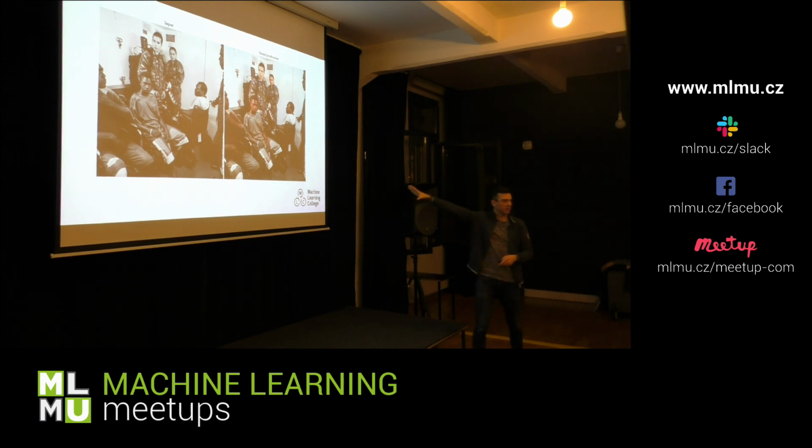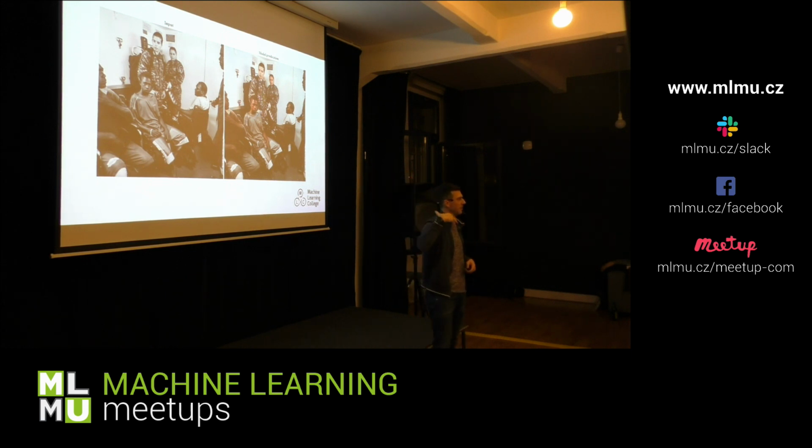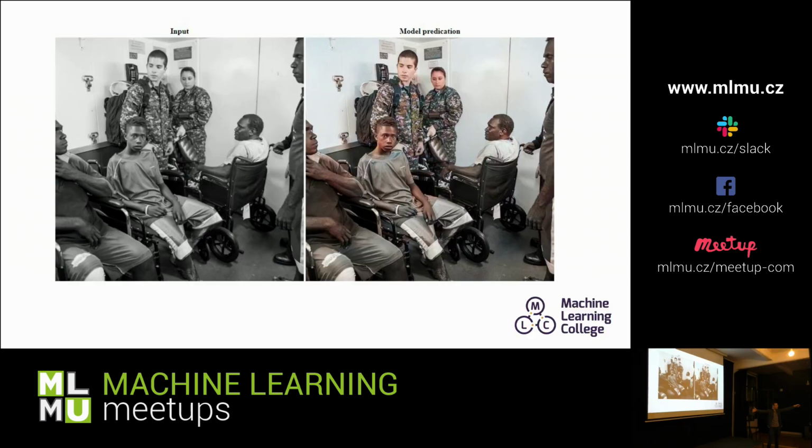The nice thing about generative models is that usually you can generate your dataset by yourself without any need for annotations, because you can easily take a lot of colorful images from the internet and convert them to grayscale, and then train the generator to add the colors back. So it's a nice thing.